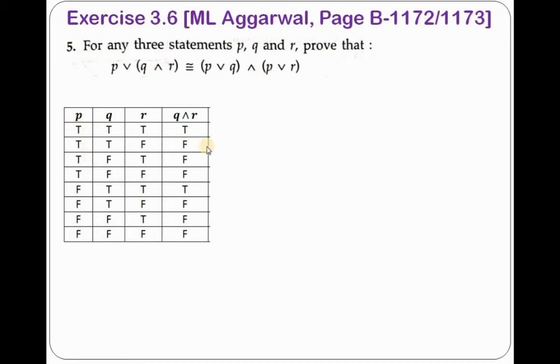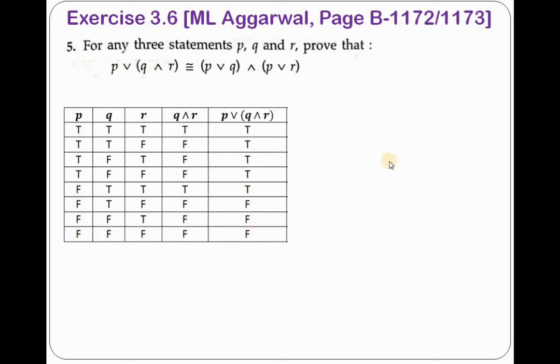Do we have such a case here? This is TT, so it will be T. TF true, TF true, TF true, FT true, FF, so this becomes false. There is FF, this also becomes false, this also FF, so this also becomes false. The last 3 rows become false, everything else is true.